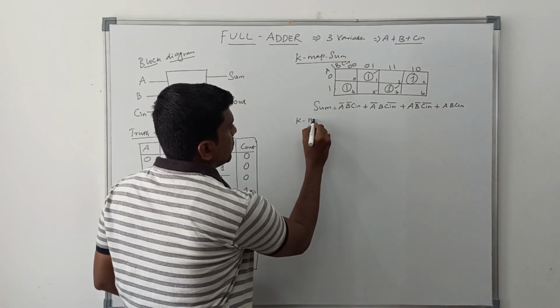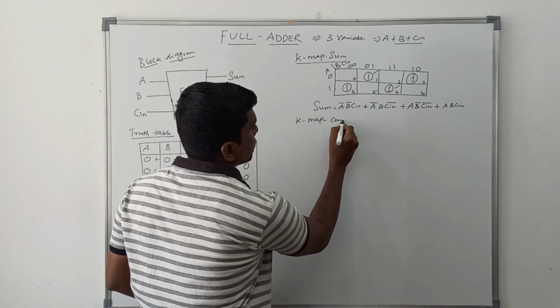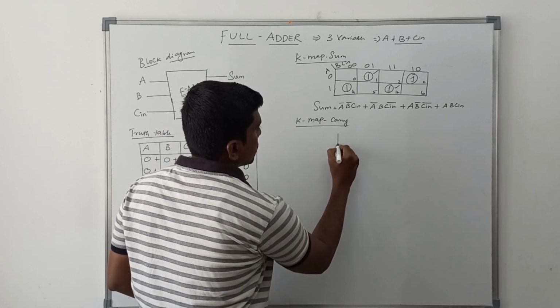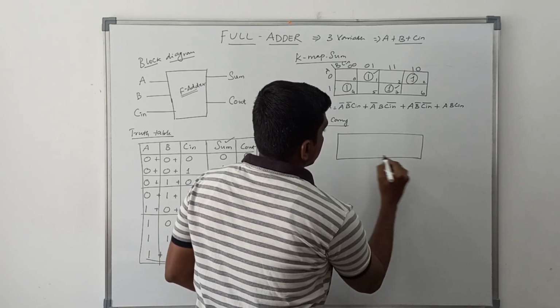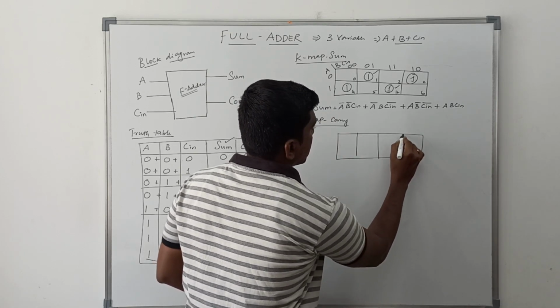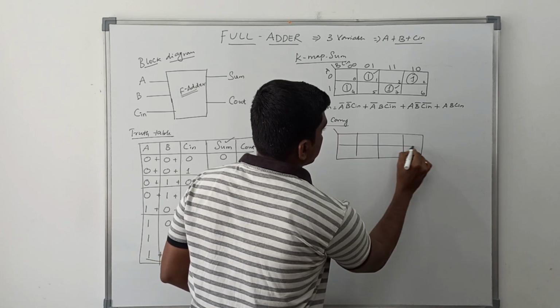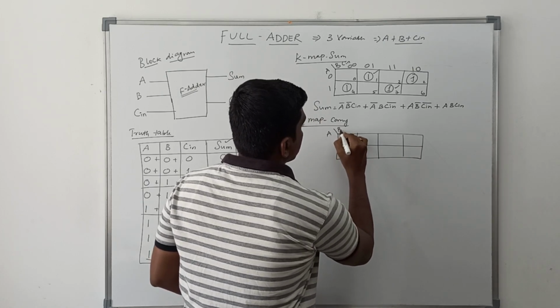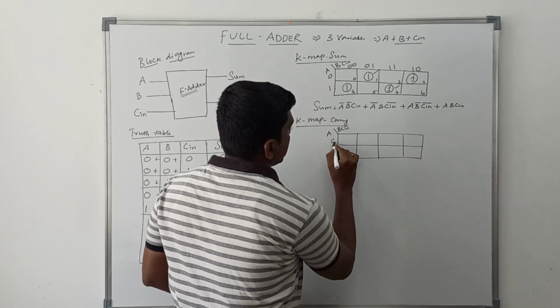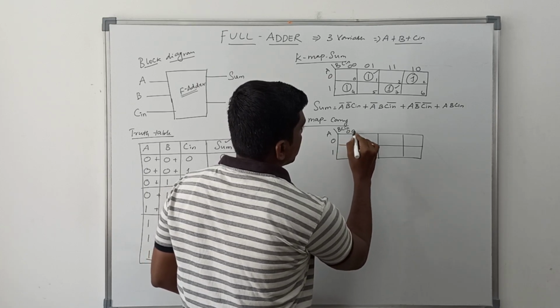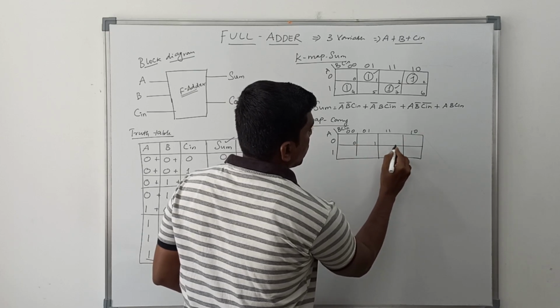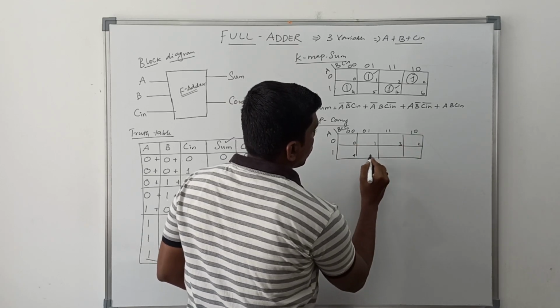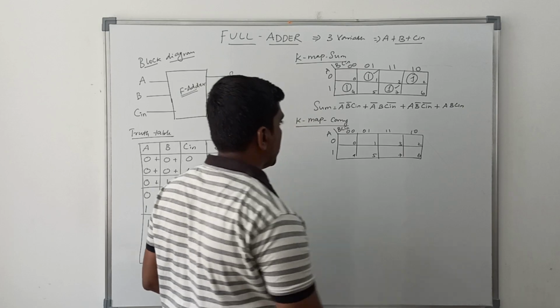Then come to carry. K-map for carry. It's a 3 variable K-map structure. The input variables 0 1 0 0 0 1 1 1 1 0, cell numbers 0 1 3 2 4 5 7 6.